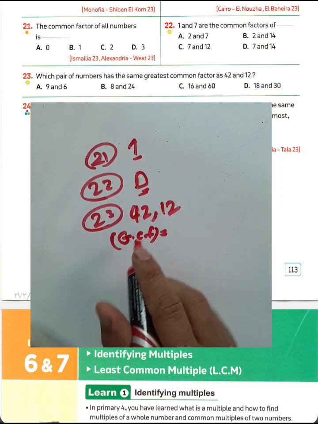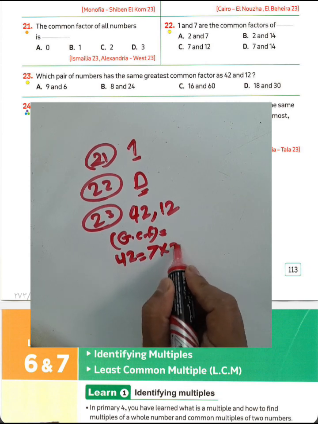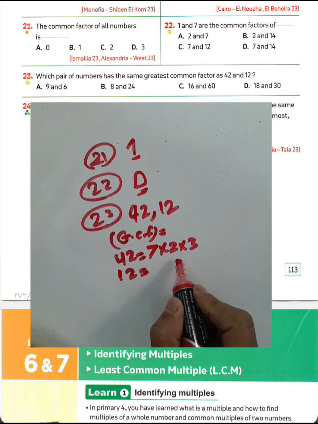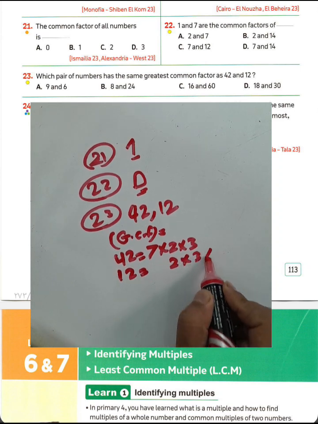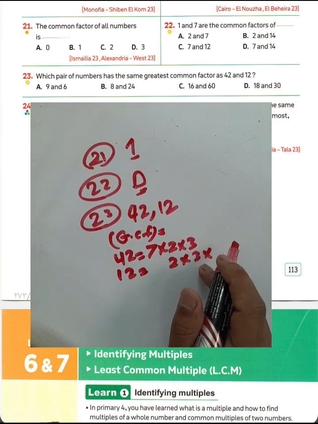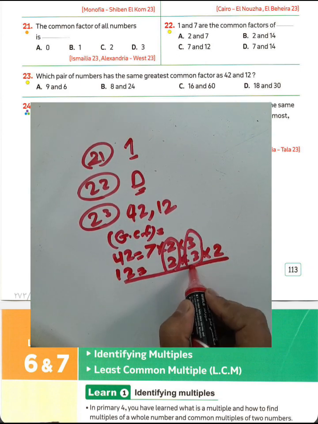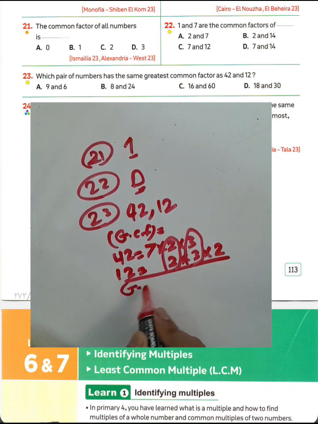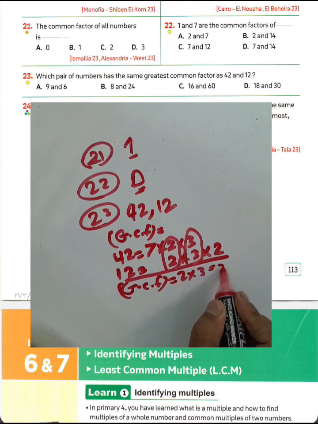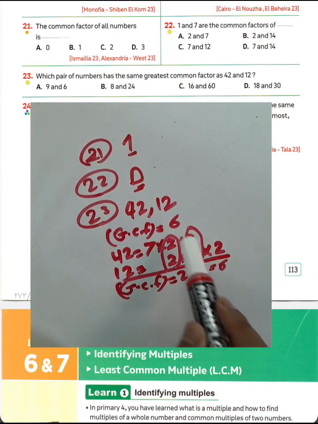But 42 equals 6 times 7, which is 7 times 2 times 3. And 12 equals 6 times 2, which is 2 times 3 times 2. 2 times 3 equals 6, and 6 times 2 equals 12. We can draw here and write the greatest common factor. 2 times 3 will be 6. So the greatest common factor between 42 and 12 will be 6.